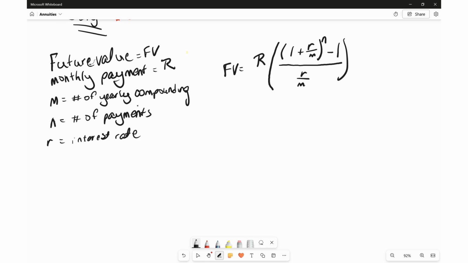So let's look at this in practice. Let's say that we are going to deposit $600 monthly into an account that earns 9.5% annual interest for 8 years.